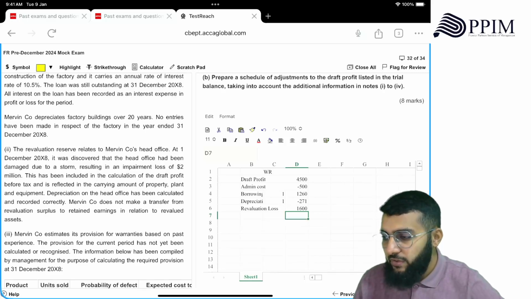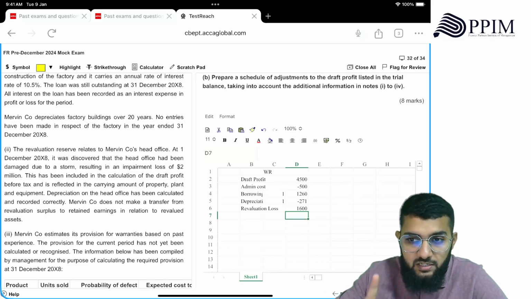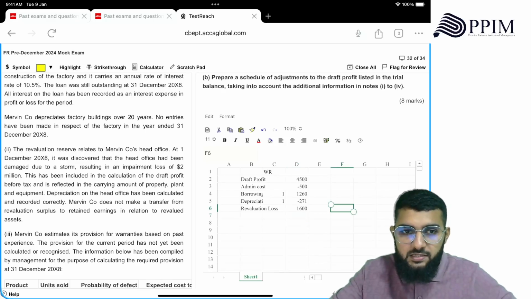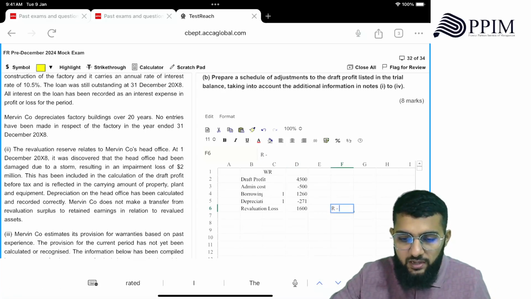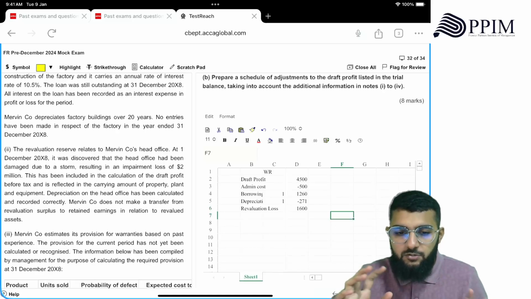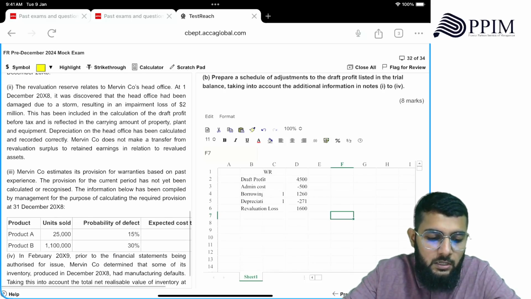Okay, and then where will this be adjusted? In your statement of financial position, revaluation surplus becomes 0. Why? 1,600 minus 1,600. That's how you make it 0. Okay, right. Is that clear?